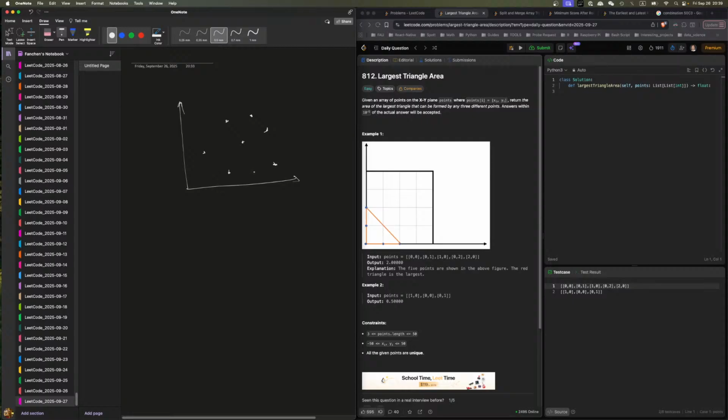Or we can say if I fix one point, right, and then we need two other points. Now, if I fix 2 points, then this forms one side. Then we have all the other ones.